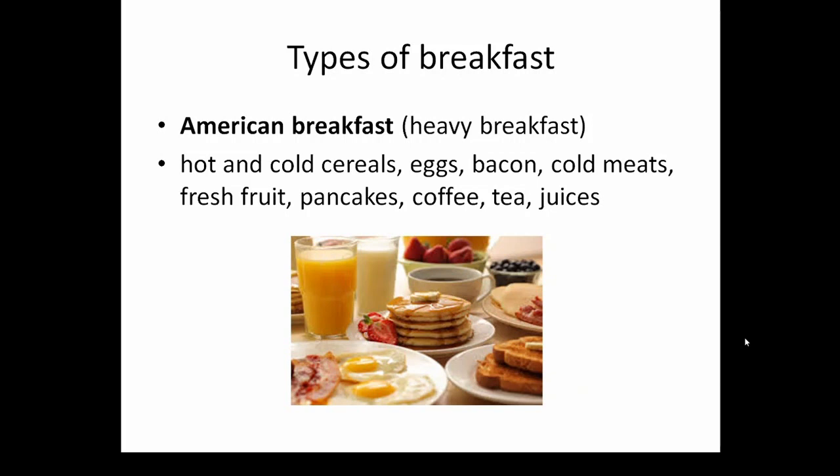You can eat hot and cold cereals, eggs, bacon, cold meats, fresh fruit, pancakes, and you can drink coffee, tea, juices. In the photo, you can see one example of American breakfast.